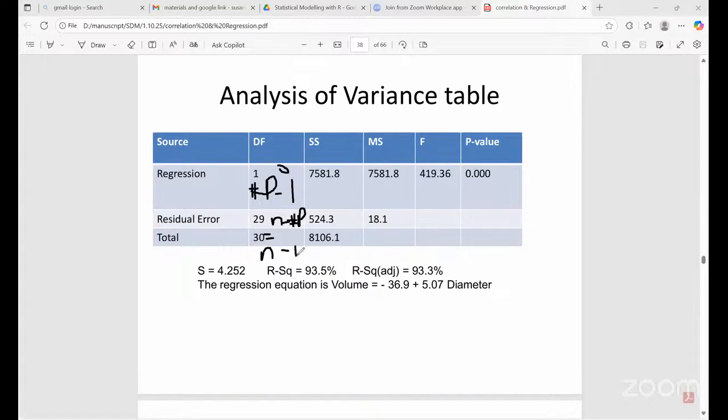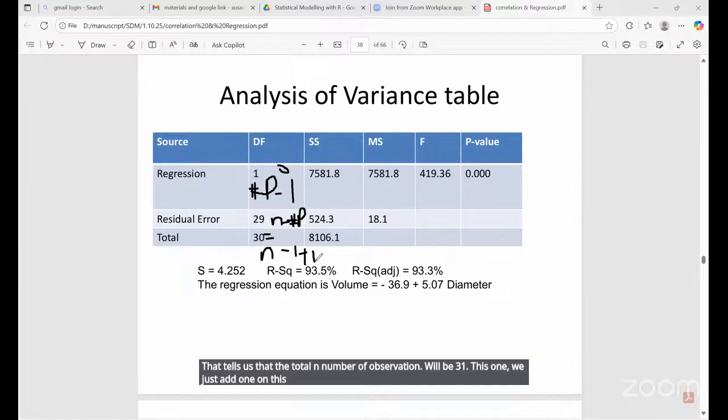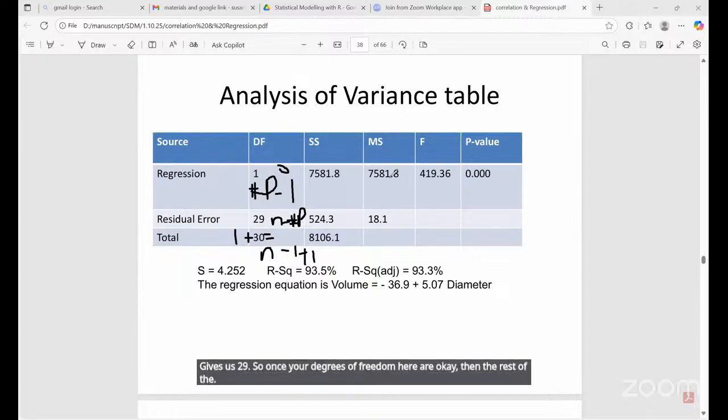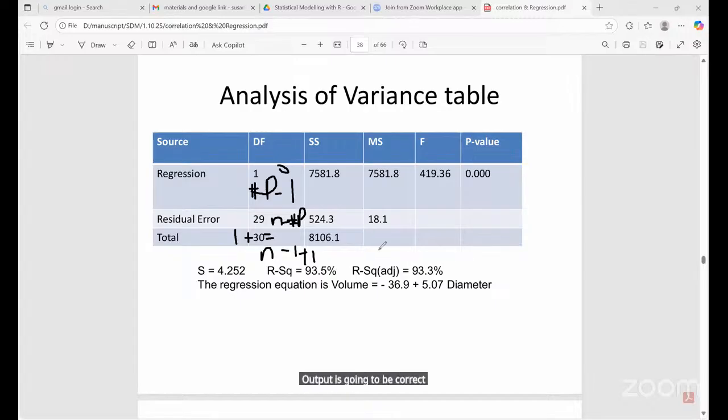That tells us that the total number of observations is 31. So our residual will be 31 minus 2 parameters in the model, which gives us 29. Once your degrees of freedom are okay, the rest of the output is going to be correct.